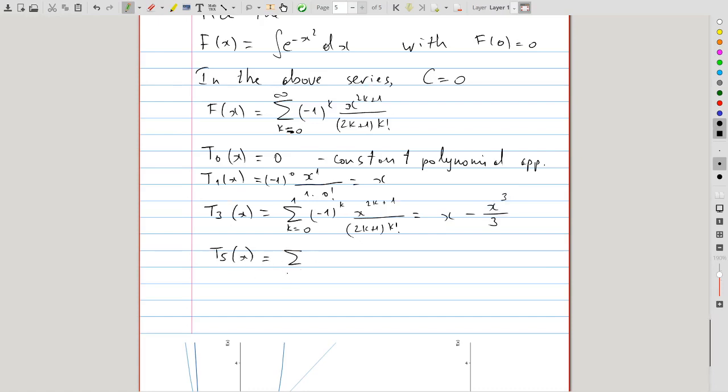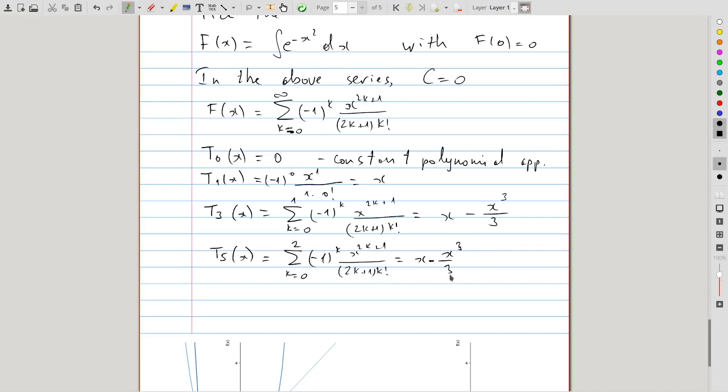Similarly, there is no t4 because the right hand side only contains odd powers, but there is t5, and so that gives me the sum from k equals 0 to 2 of minus 1 to the k, x to the 2k plus 1 over 2k plus 1 times k factorial. So that's x minus x cubed over 3. That's the first two terms I have here from t3. And then for the fifth degree term, I will have the value of k equal to 2.